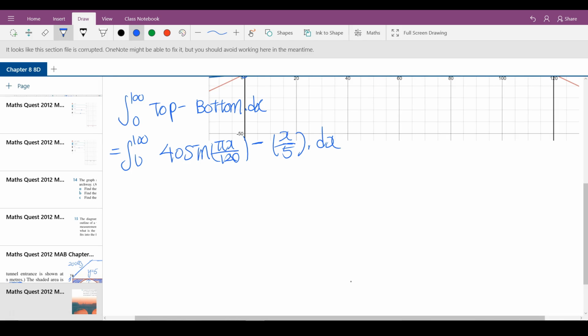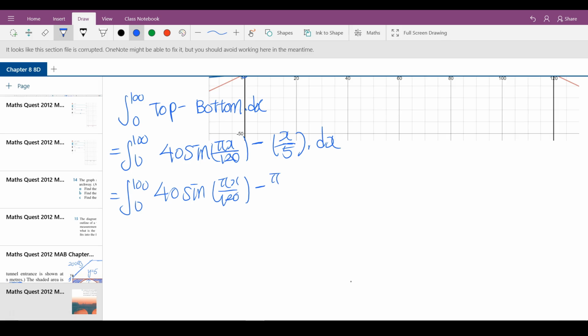Alright, let's tidy things up. Expand the bracket: 40 sine pi x over 120 minus x over 5. Why do I keep writing pi? It's x over 5. I love pi that much. There's nothing to simplify, so let's integrate. When you integrate sine, you get negative cos, so we put a negative at the front, cos, and whatever is inside the bracket doesn't change.